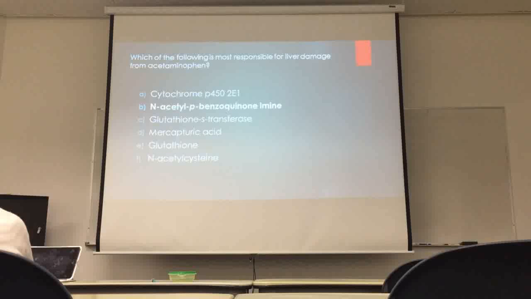Glutathione reduction of NAPQI. And N-acetylcysteine, also Mucomyst, is what you give people in acetaminophen toxicity because it'll replenish your glutathione stores and prevent liver injury. So that's an antidote to acetaminophen toxicity.